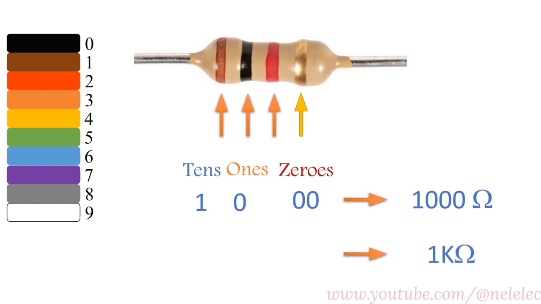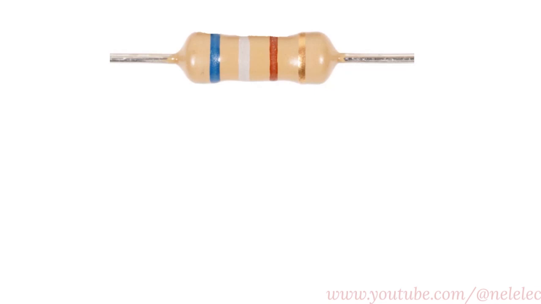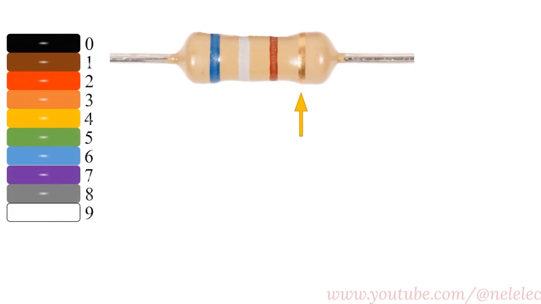Now let's read the value of another resistor from its color codes. As I mentioned before, we don't consider the fourth band, the gold band, in our calculations. You can see the color codes in the left side of the image. The first band is blue in color, corresponding to the code 6, so we note down the digit 6 in the tens place.